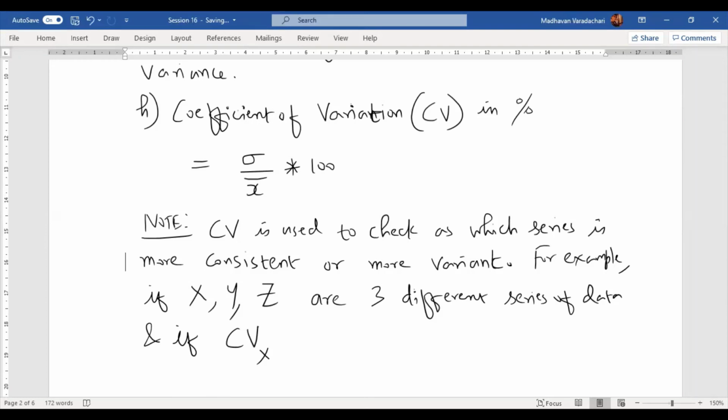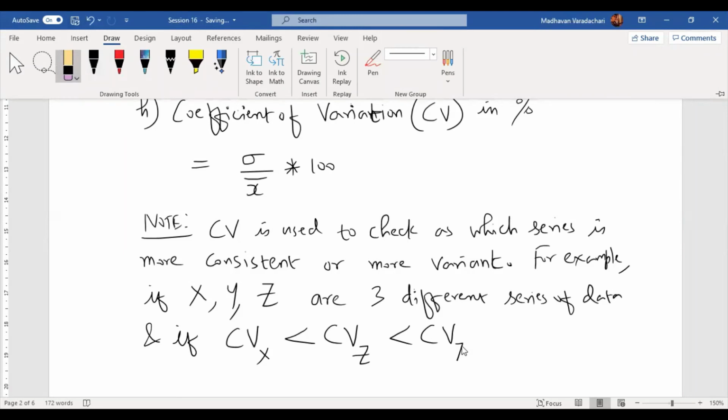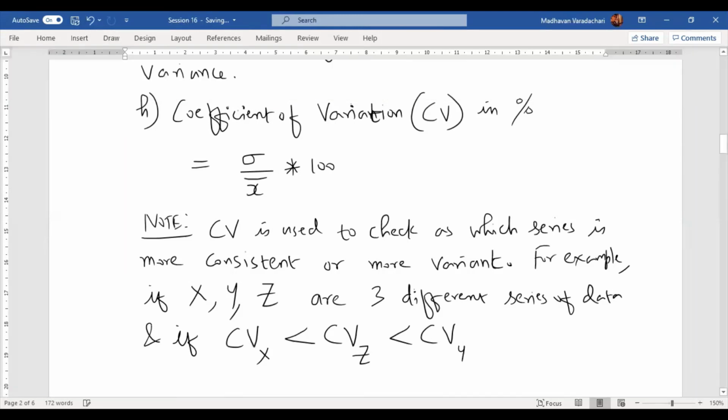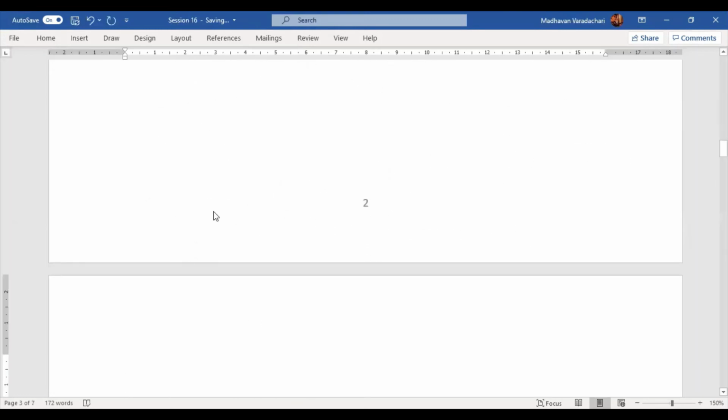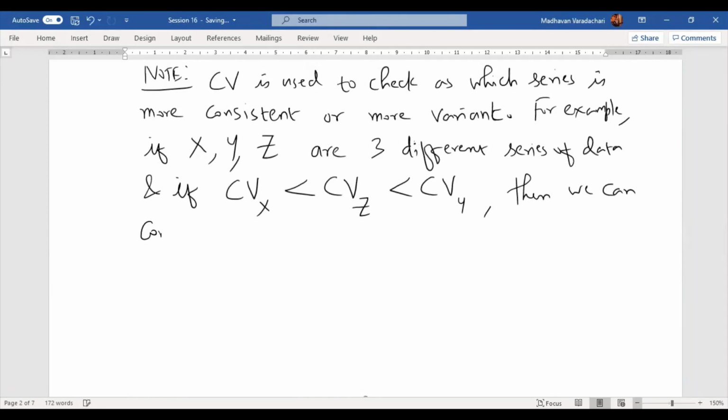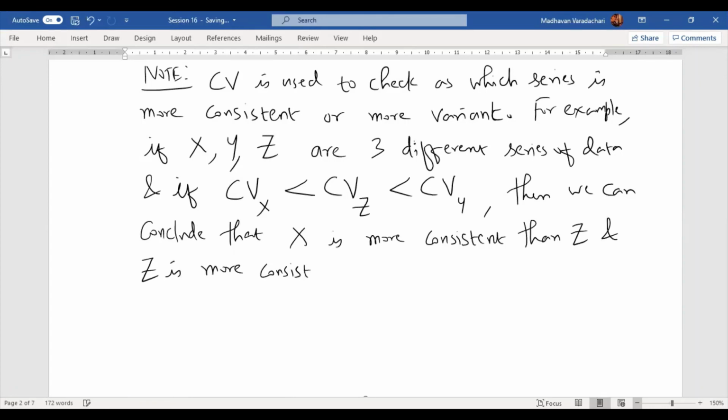And then if you find CV of X is lesser than CV of Z and it is lesser than CV of Y, then we can conclude that X is more consistent than Z and Z is more consistent than Y. That is one conclusion we can do.